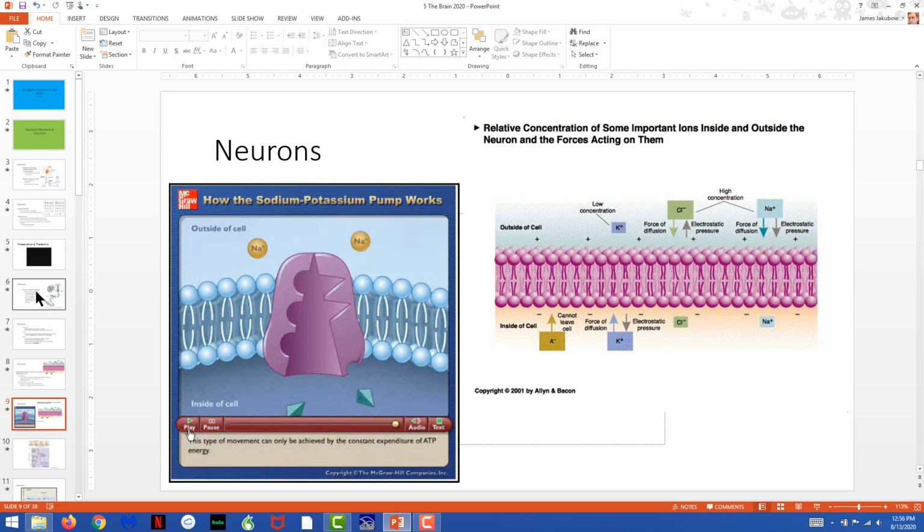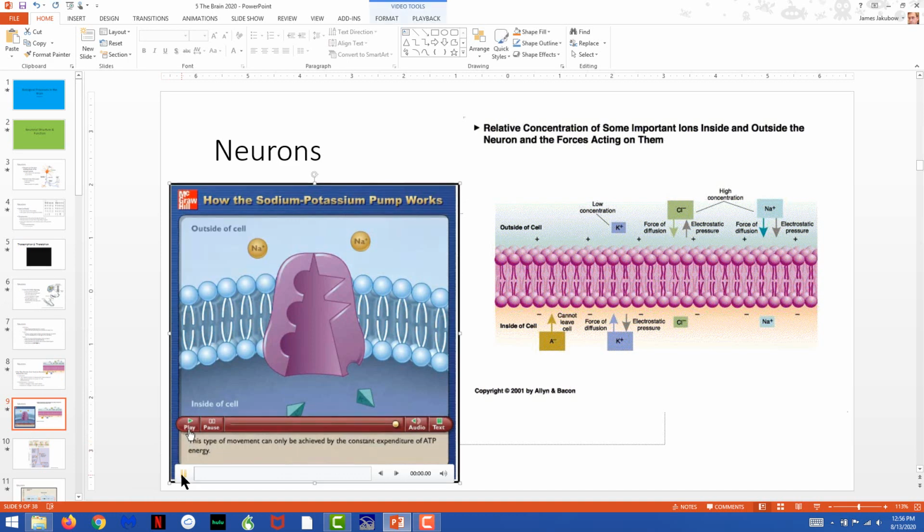And that's the issue. The sodium-potassium pump is going to require energy to pump the sodium out, to bring the potassium back in, and then only after this occurs will the cell be able to fire a second time. The sodium-potassium pump is an active transport mechanism.